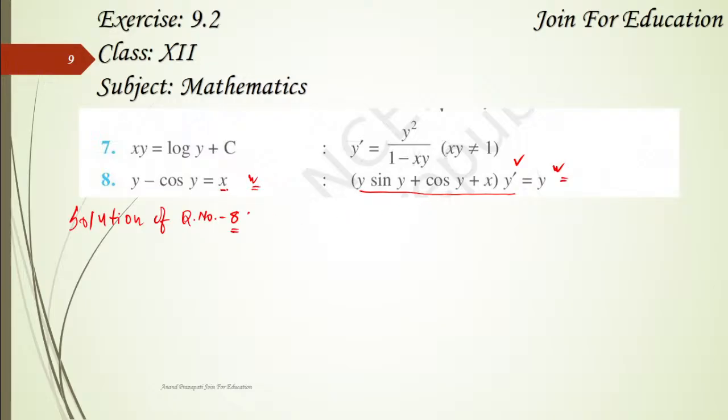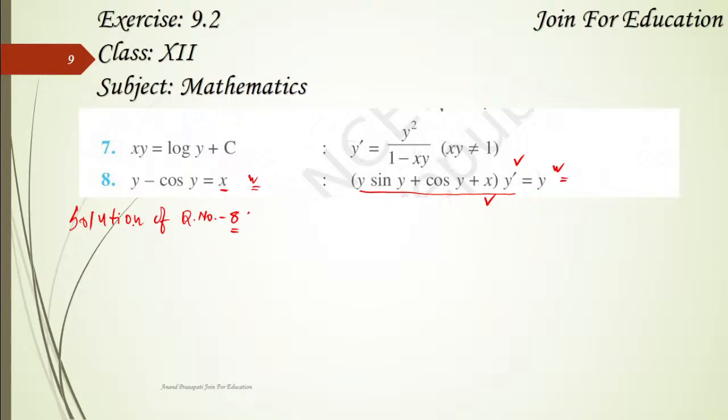Here the value of x is y - cos y. When we put the value of x here, then we get y(sin y + cos y + y - cos y), the cos y cancels out, then we get y(1 + y sin y).